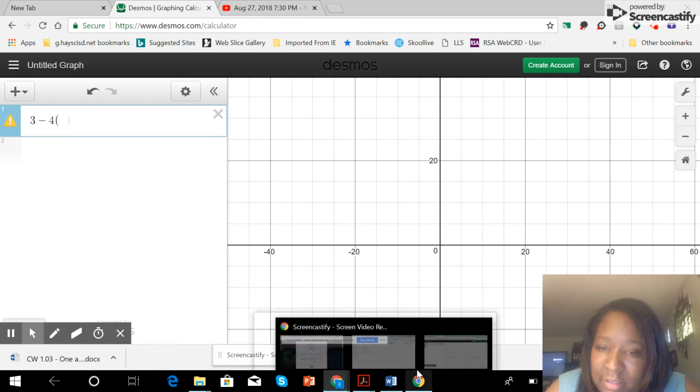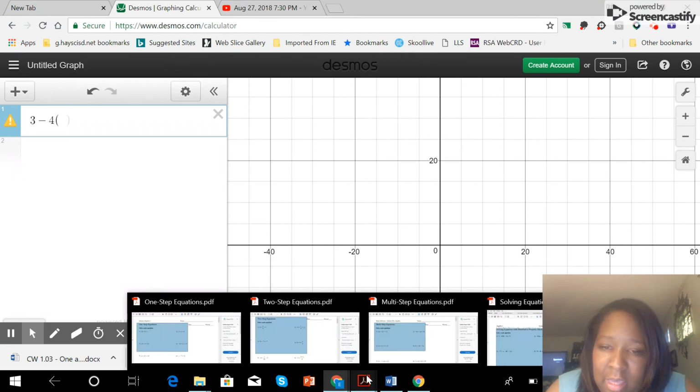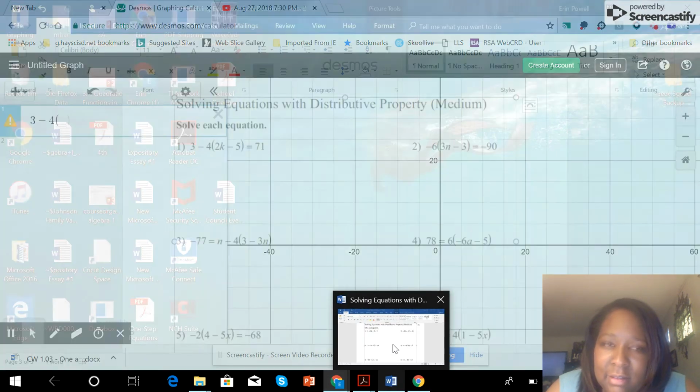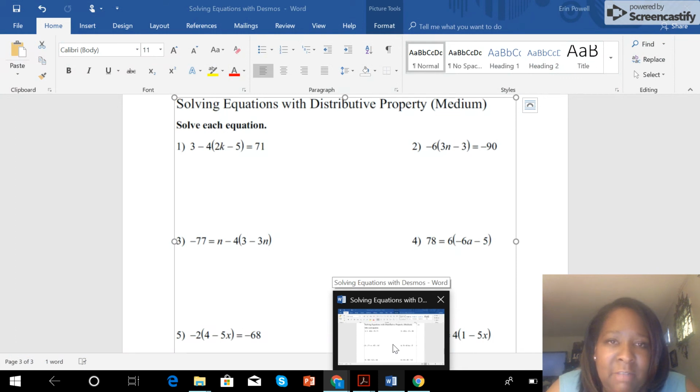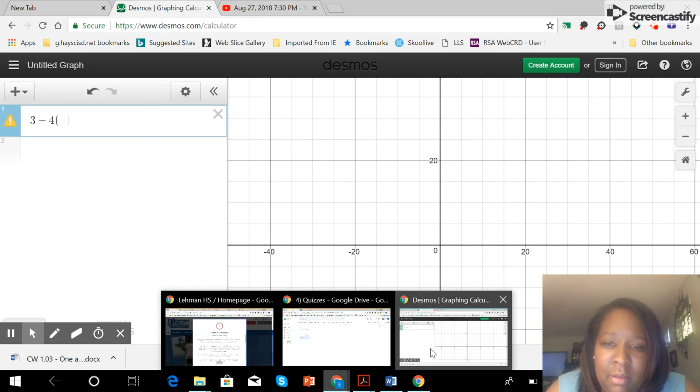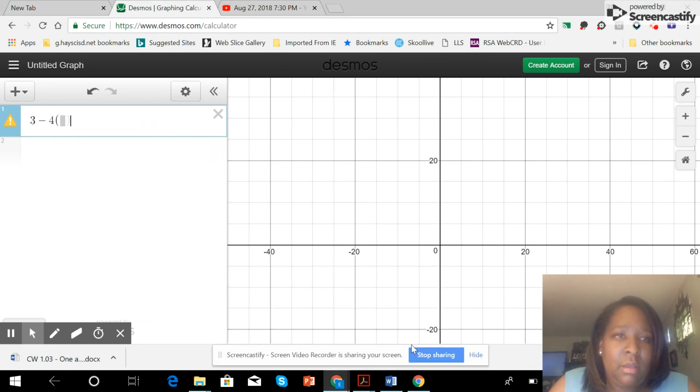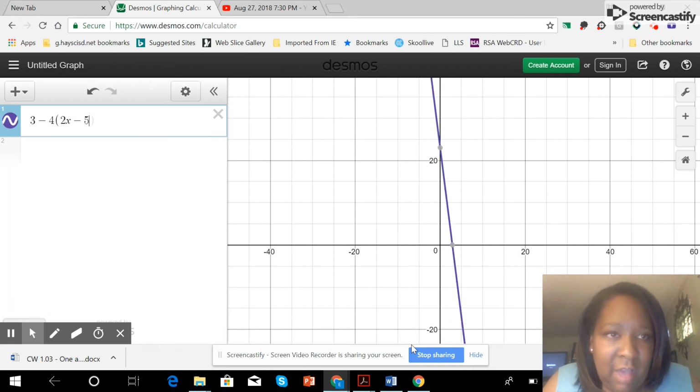What are we going to use instead of k? Yes, we're going to use x. So 2x minus 5, close parentheses, equals 71.